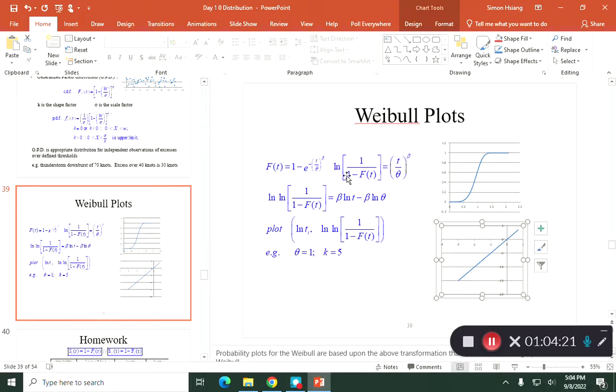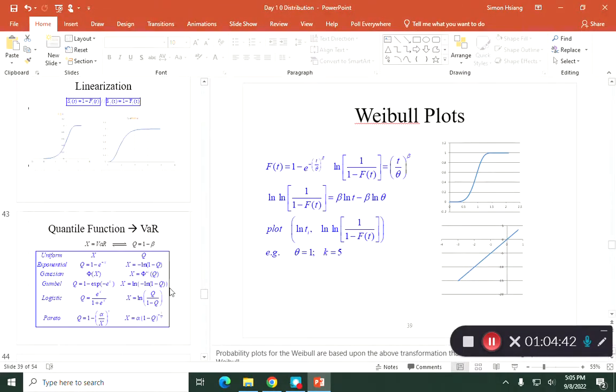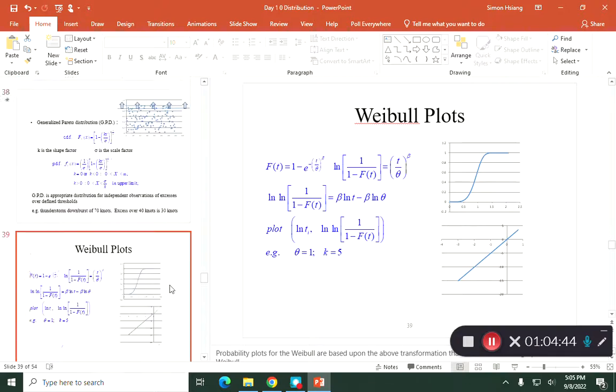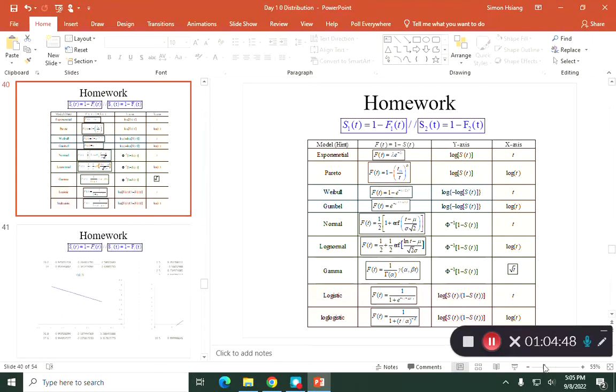And when I take the log twice, this becomes a linear function. So basically I'm trying to plot log t against log of this part, and that will be a linear function. Let's go back here, one by one.